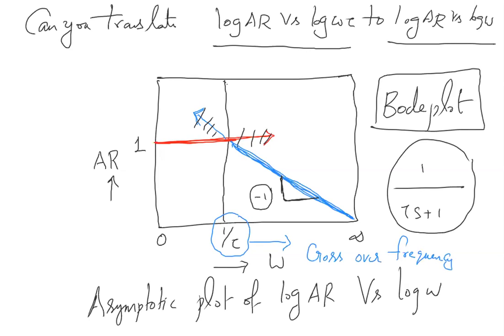The frequency at which the slope changes is called the crossover frequency.